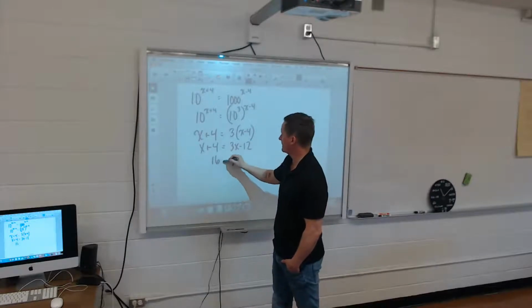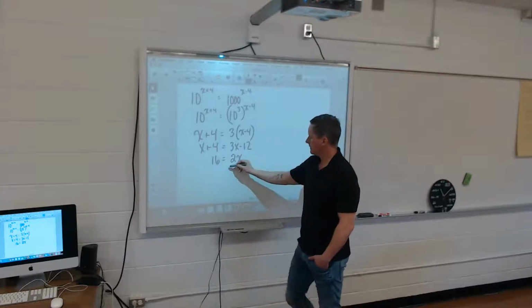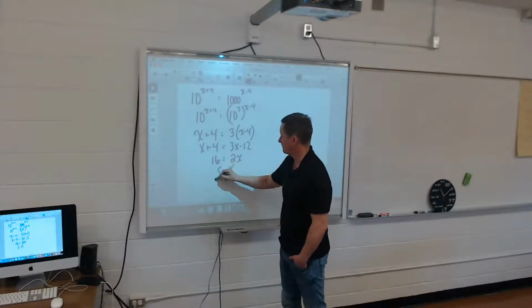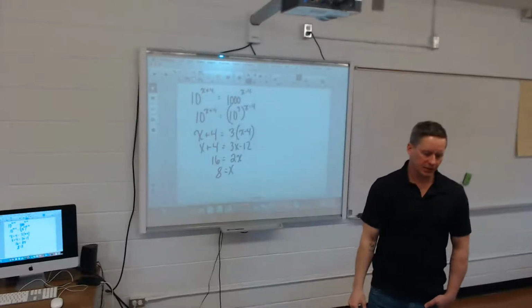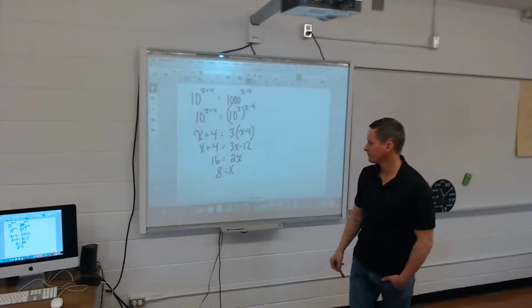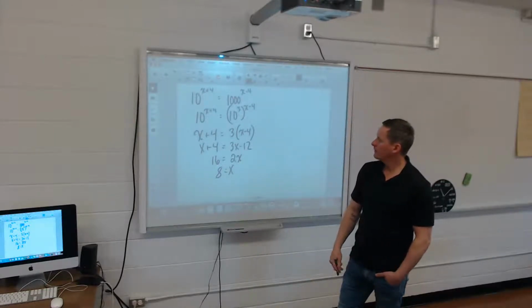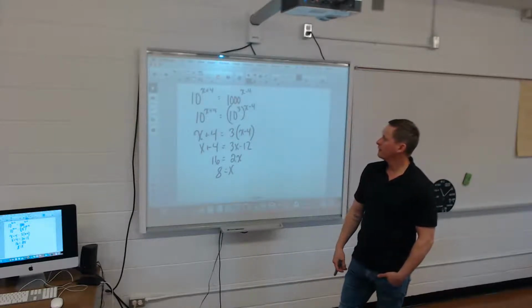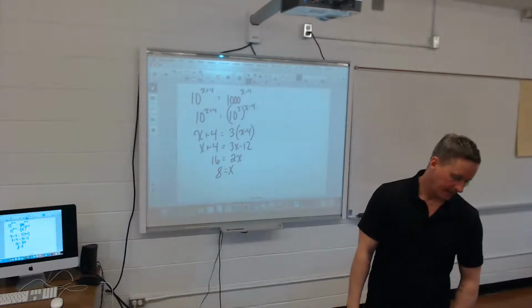Add 12, that gives me 16 equals 2x. x is equal to 8. So the exponents are equal to each other.